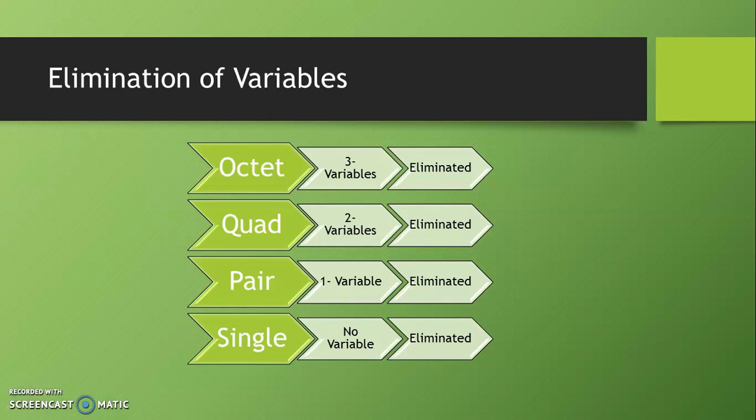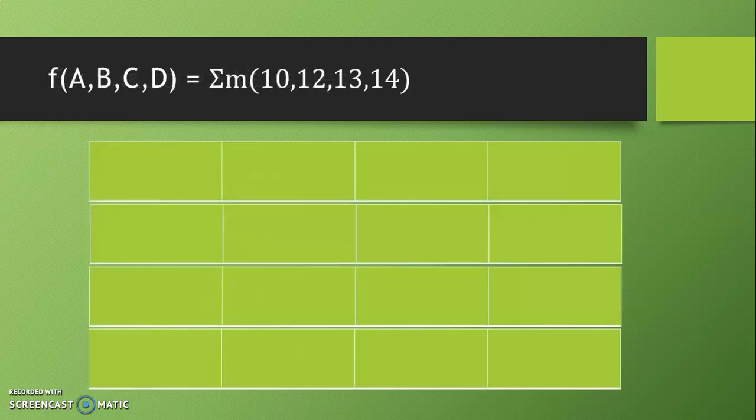Now let us see one example and then we'll see how variables are eliminated. We have function f of ABCD, meaning we have 4 variables. So we have to prepare a K-map with 16 cells, that is 4 rows and 4 columns. It is given as summation of m.